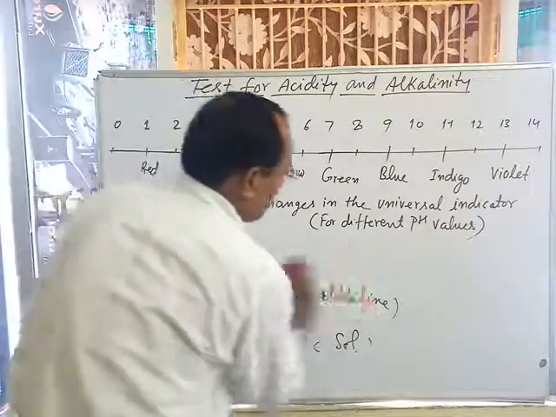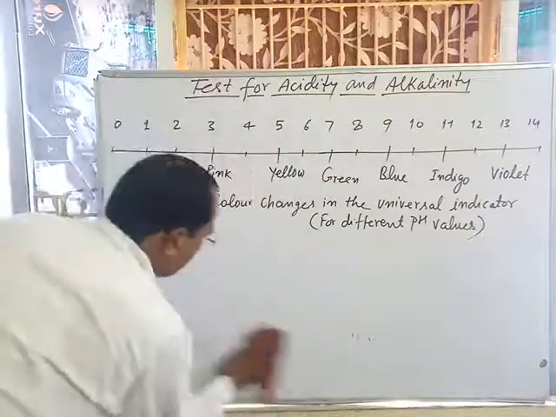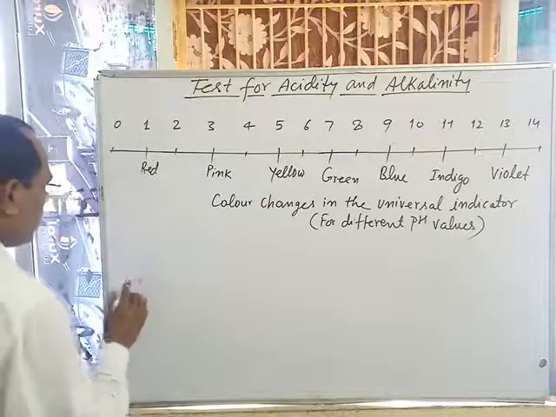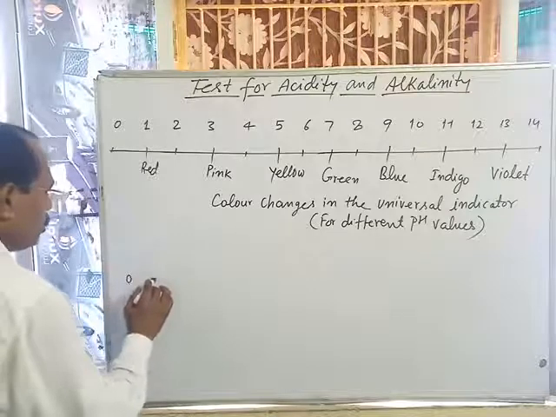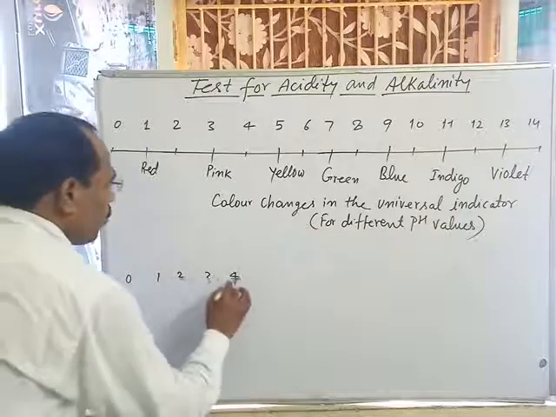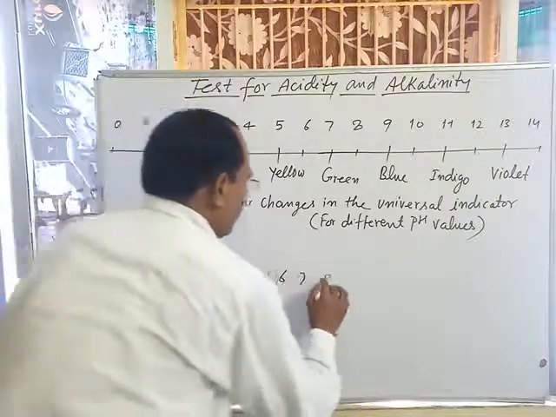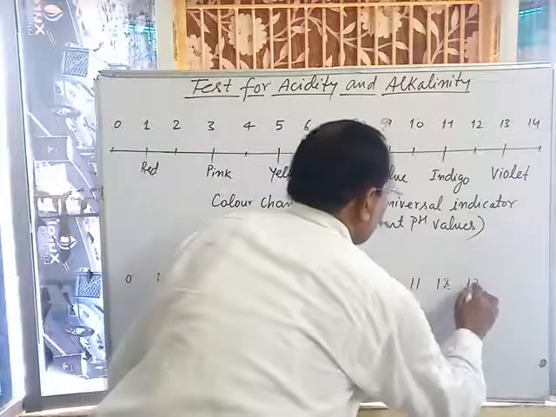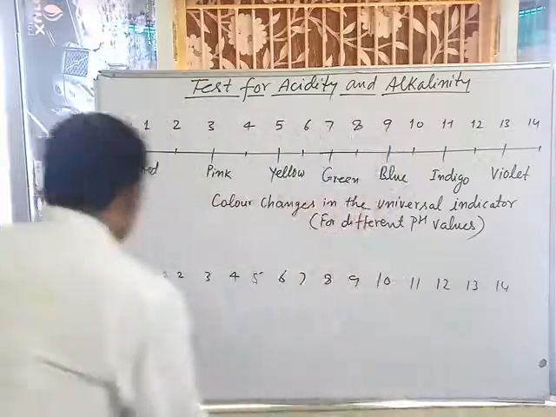This can be expressed on a scale known as the pH scale. This is the pH scale: 0, 1, 2, 3, 4, 5, 6, 7, 8, 9, 10, 11, 12, 13 and 14.